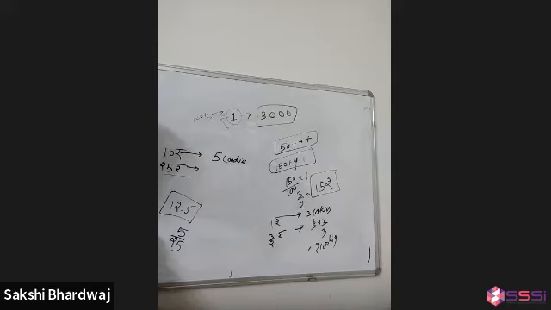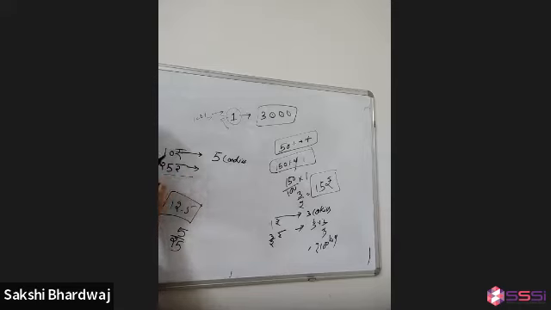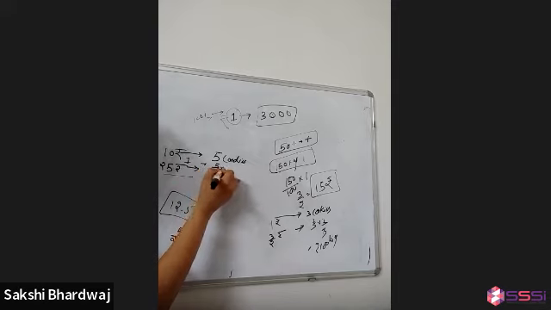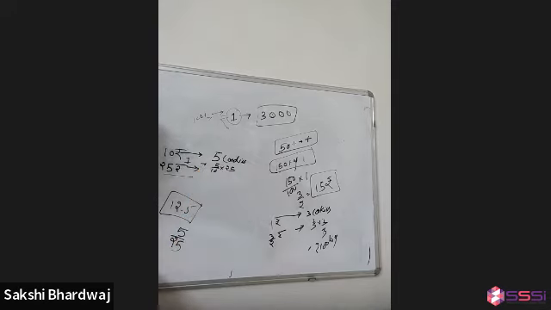Five upon 10 into 25. We need to find for rupees 1, which should be 5 upon 10 into 25, right? By the unitary method.